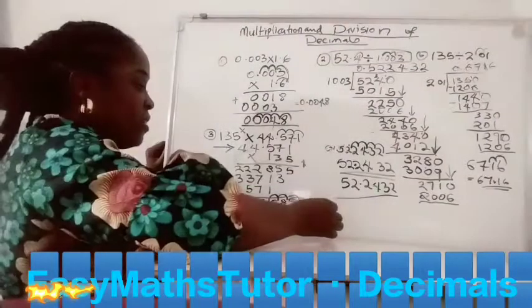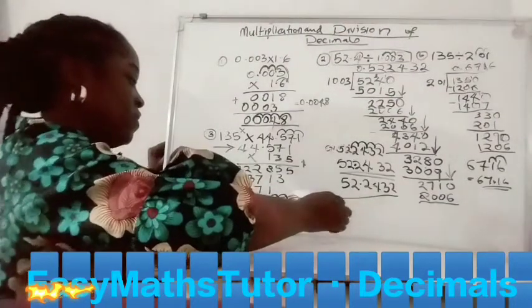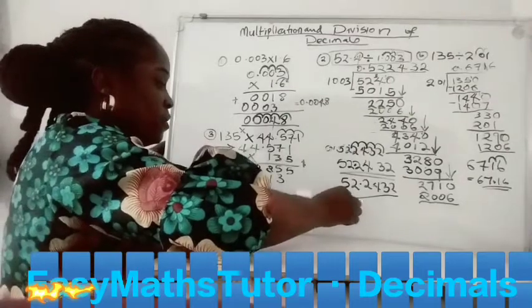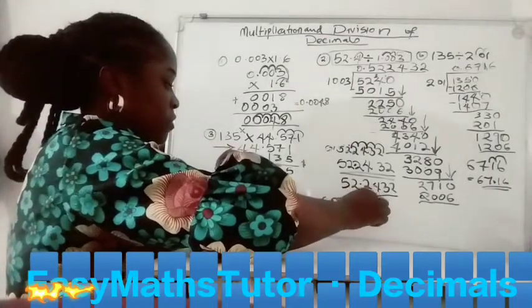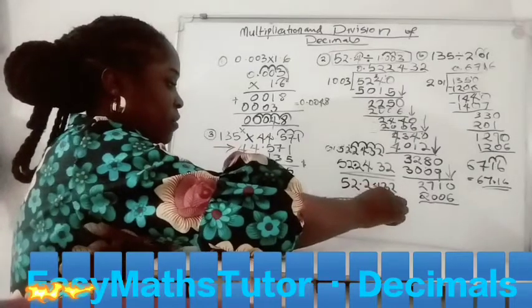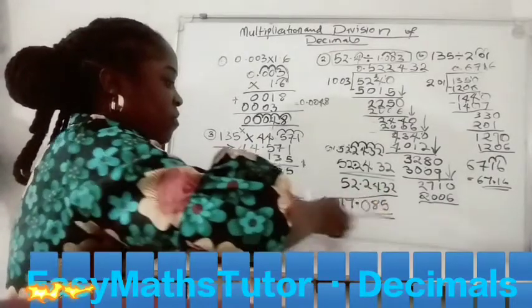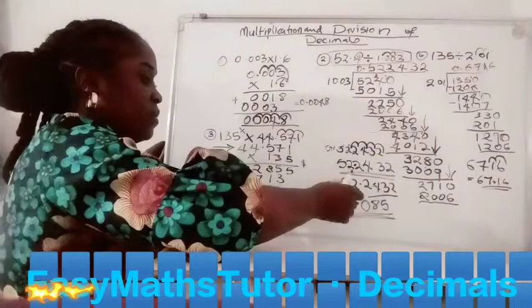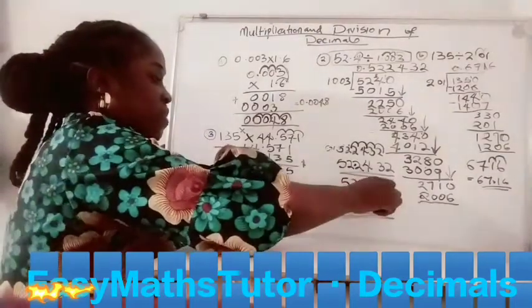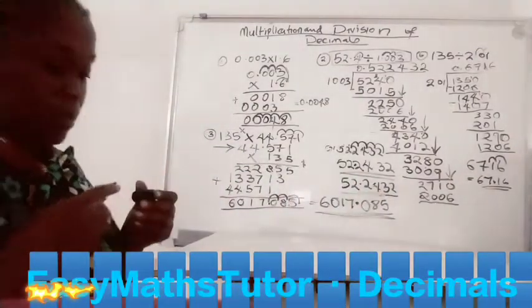So our final answer is 6,017.085. That's our final answer.